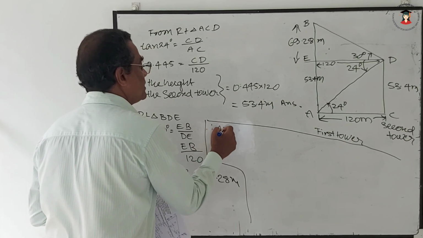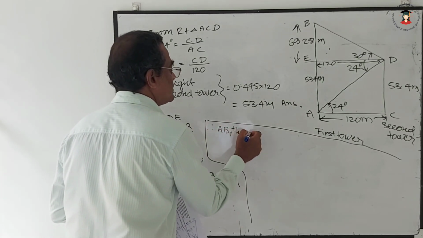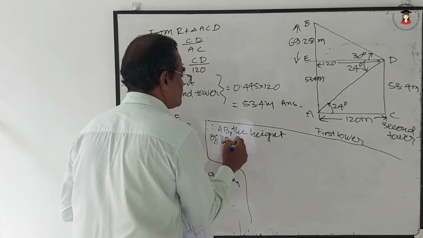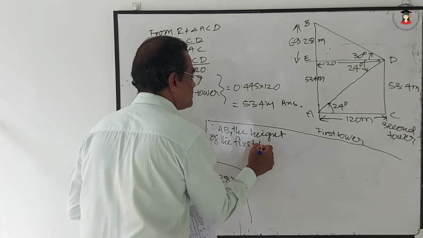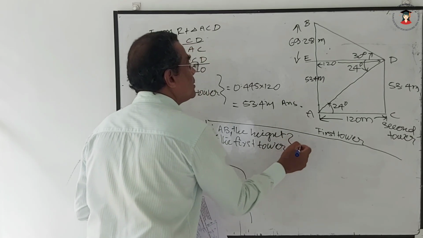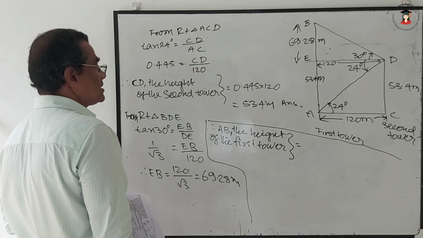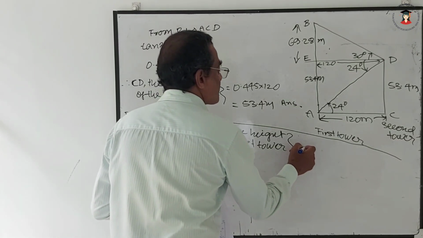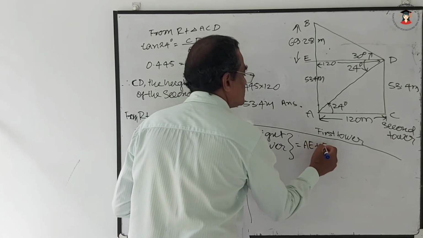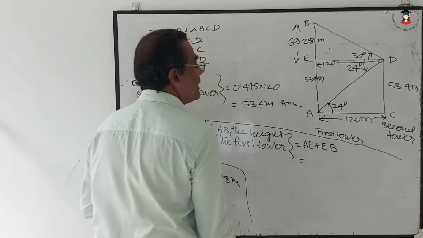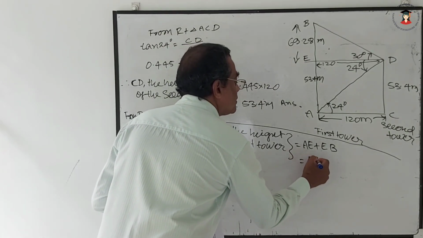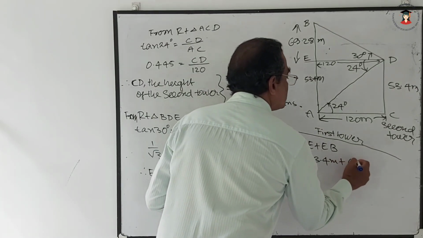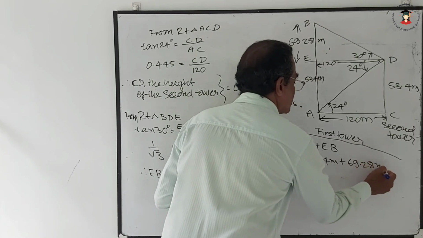Therefore, AB, the height of the first tower, equals AE plus EB. AE is 53.4 meter and EB is 69.28 meter.